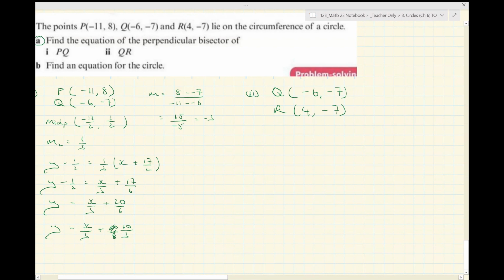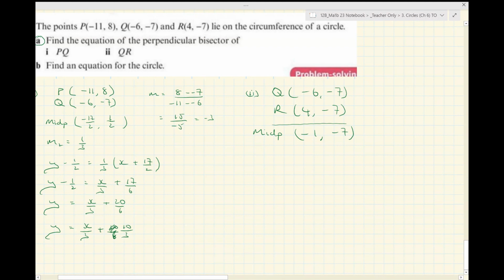Okay, well, I can immediately see that this is going to be a bit of a strange one, really, because the midpoint is going to be minus 1, comma minus 7. Why do I think this is going to be a bit of a strange one? Well, because Q and R both have the same y coordinate, don't they?